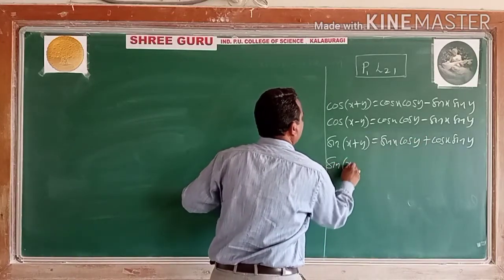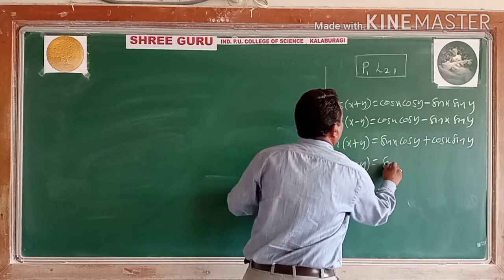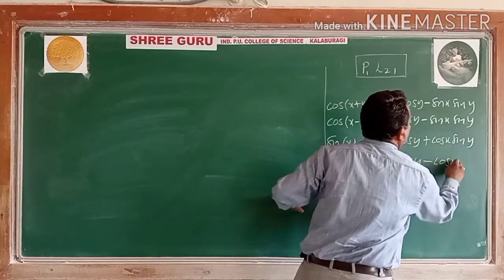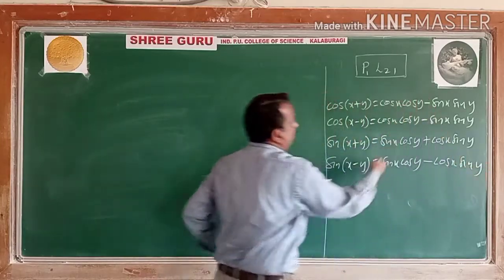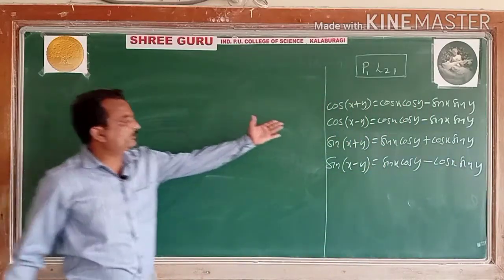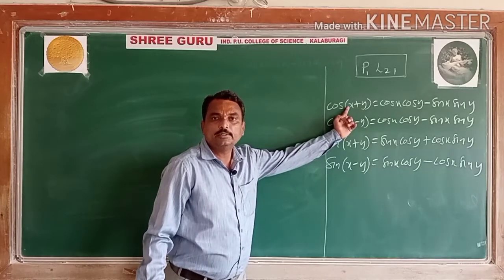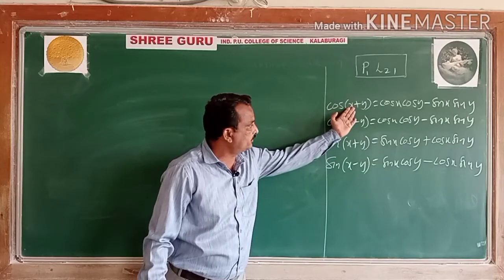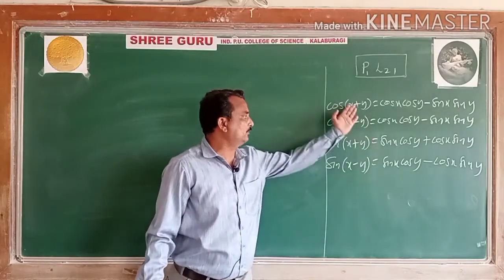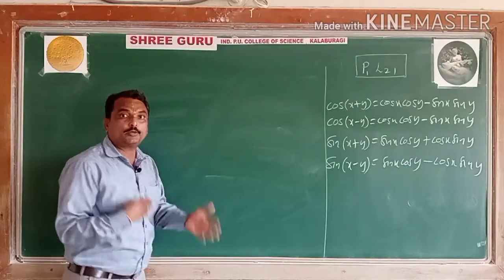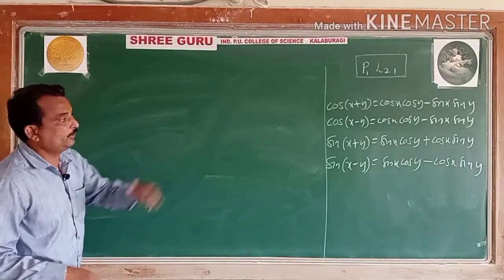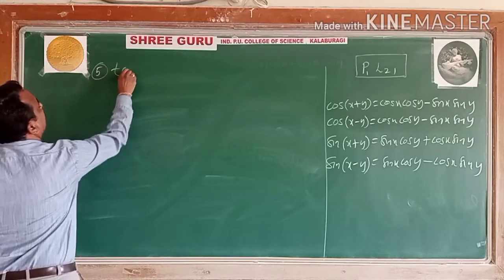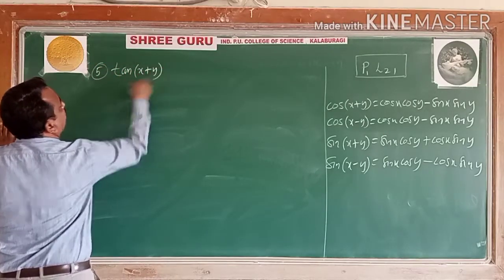Sin of x minus y is sin x cos y minus cos x sin y. We have proved these three results using the cos of x plus y result. Geometrically we proved the first one, and the remaining we got using this sum formula. Now we will deduce using these formulas. Now we will go for the fifth one, the tan of x plus y formula.